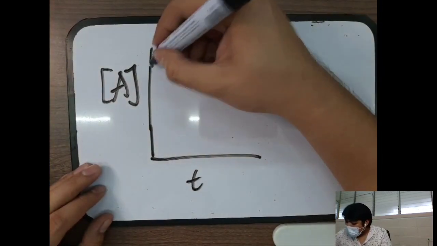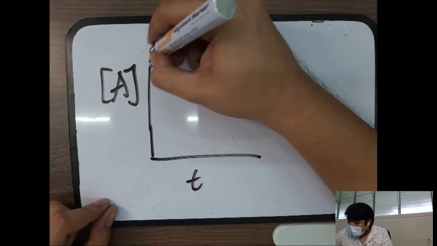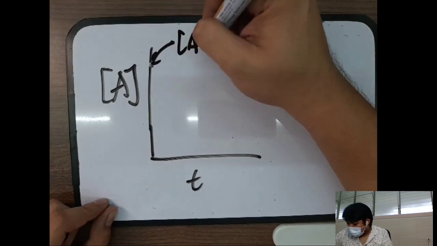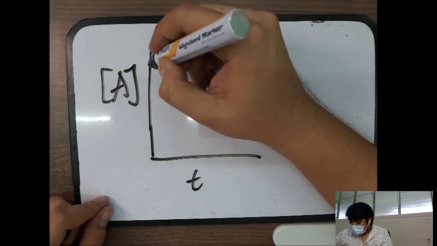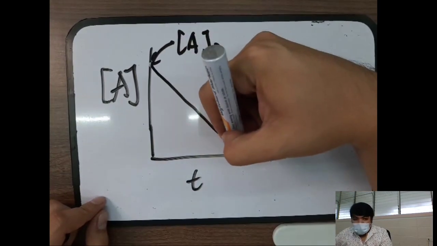If this is our initial reactant concentration, as time passes, it will decrease at a constant rate.